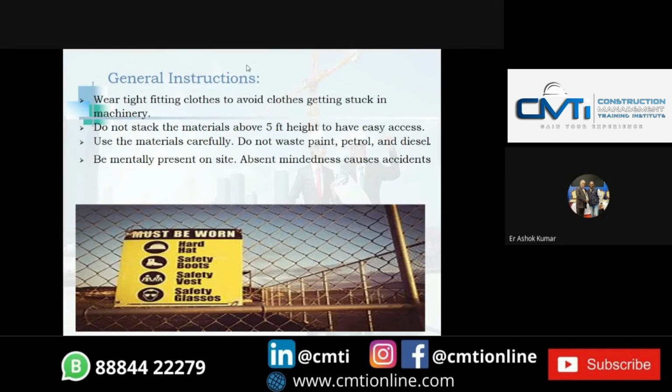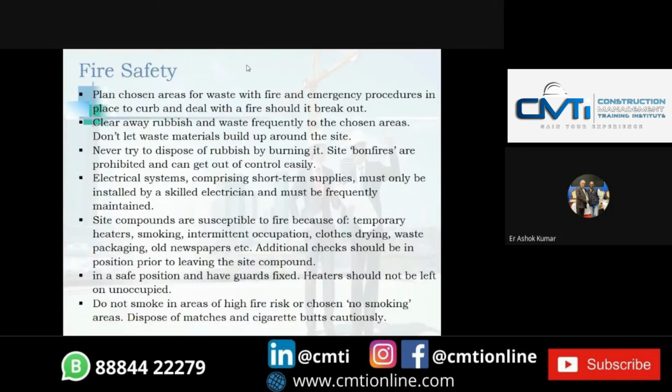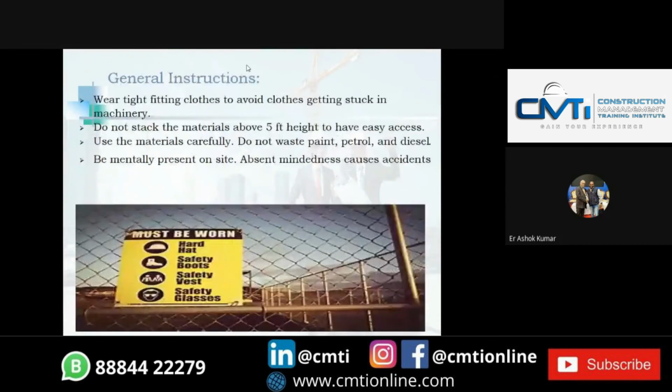Be it an engineer, the public, workers or anyone, they will undergo a strict construction safety orientation, because in construction a lot of machinery and a lot of work are involved, dangerous things are there, unsafe things are there. So they are given proper orientation about construction safety, and then only are they allowed into the projects, to avoid accidents and incidents. Okay.